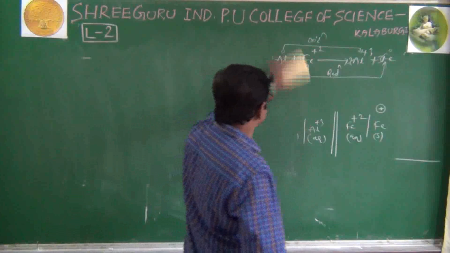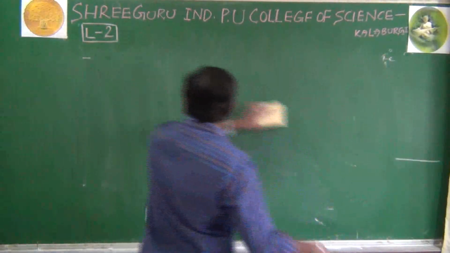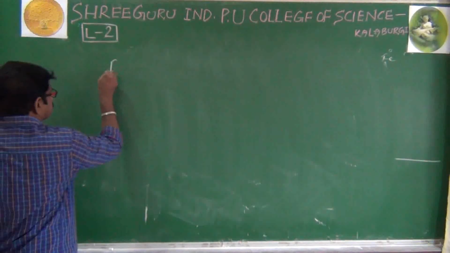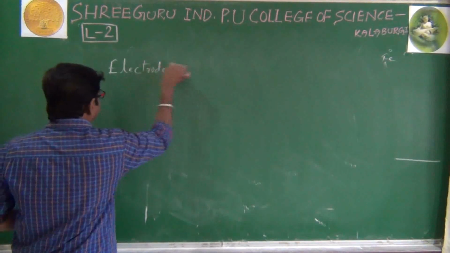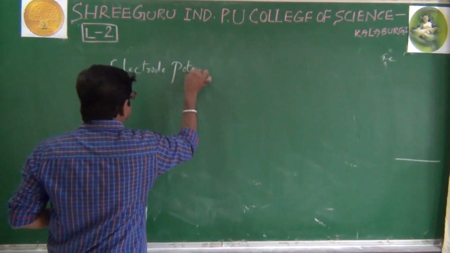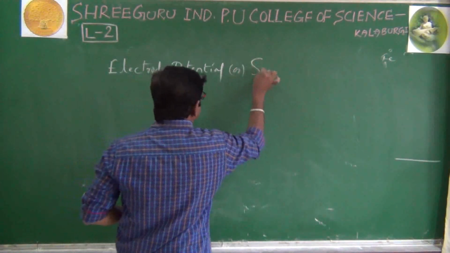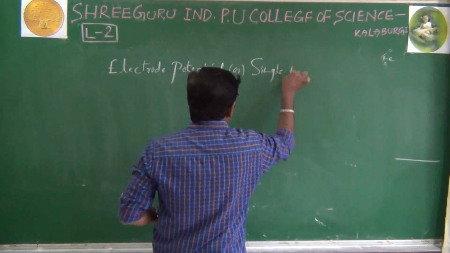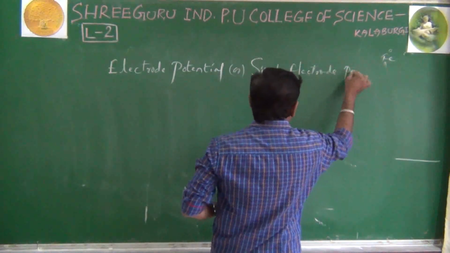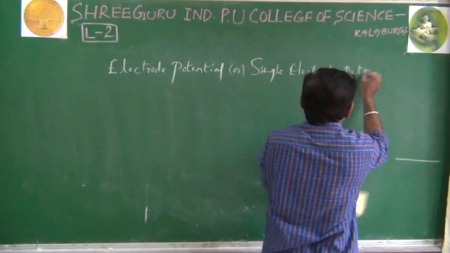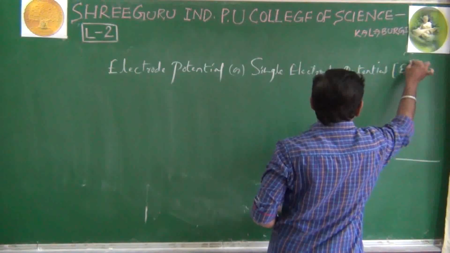Now we'll discuss electrode potential, which is also called single electrode potential, and which is designated with the capital E symbol.